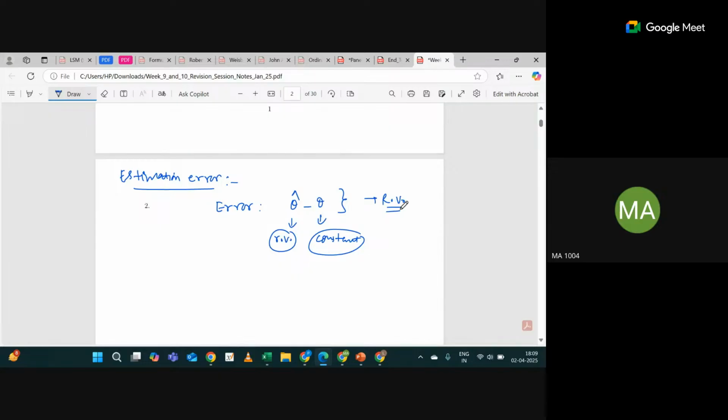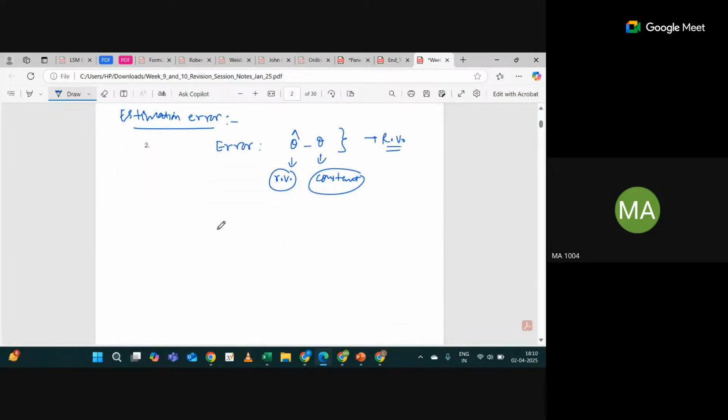Suppose I'm writing the probability that the absolute value of the error is greater than some quantity delta. This is a small quantity. What should this whole quantity be?